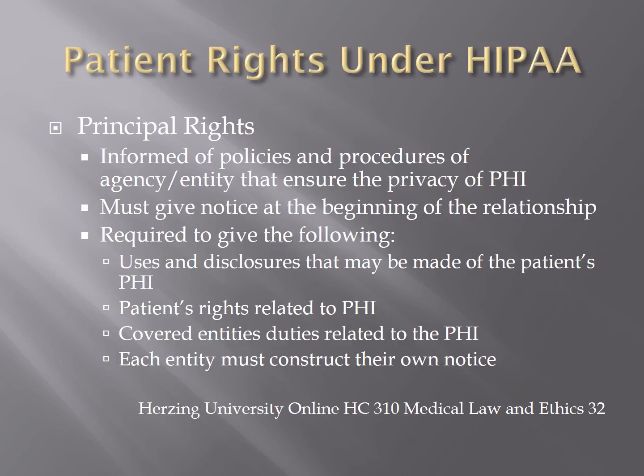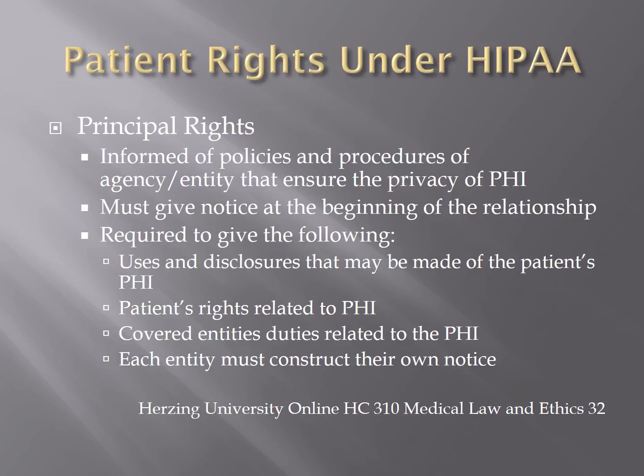Patient rights under HIPAA. Under HIPAA, the patient has the following rights: to be informed of policies and procedures that ensure the privacy of their PHI. Notice must be given at the beginning of the relationship with the covered entity.